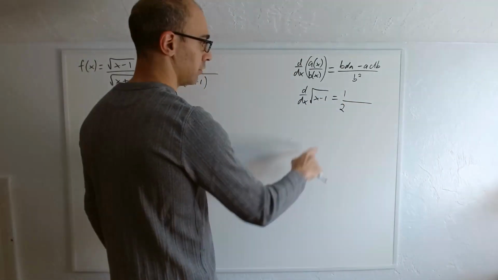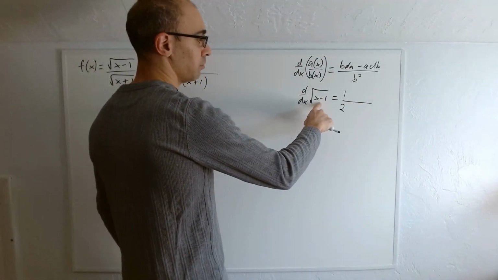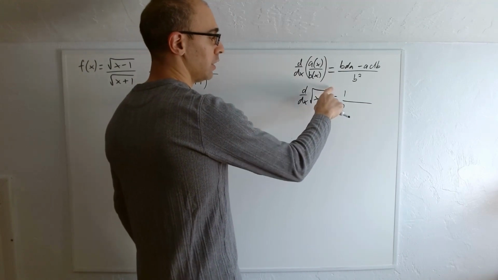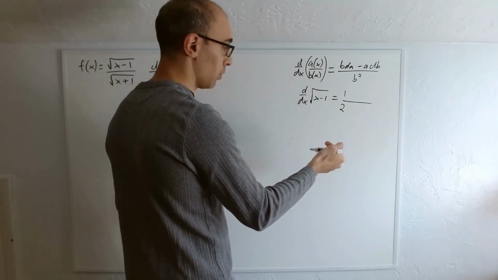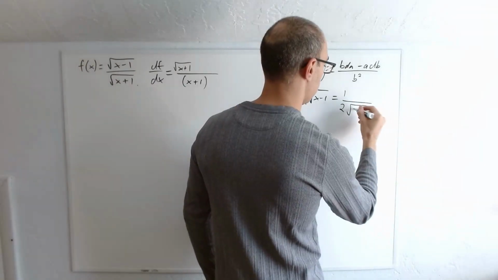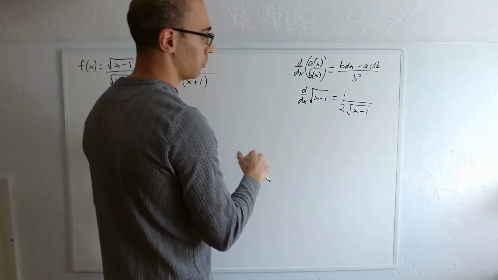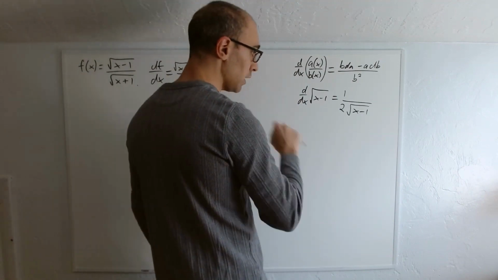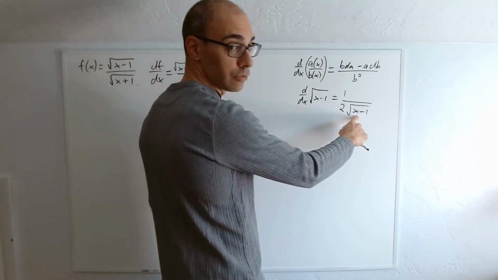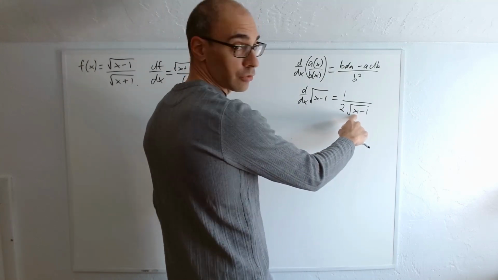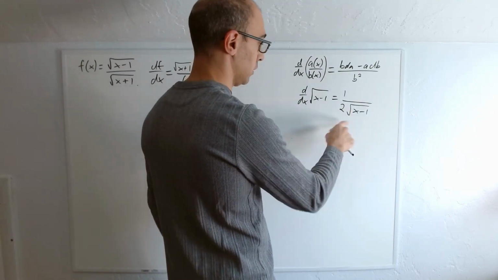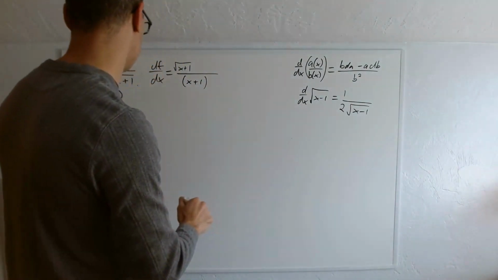We'll have 1/2, and now for x minus 1 to the 1/2 power, you subtract 1 from the exponent, so it becomes negative 1/2. That means we're going to have the square root of x minus 1 in the denominator. Now we have to remember to take the derivative of what's on the inside as well. The derivative of x with respect to x is just 1. So this is our answer for that.